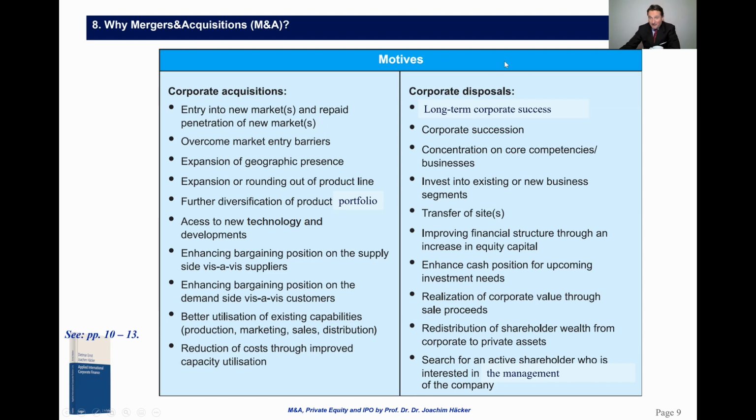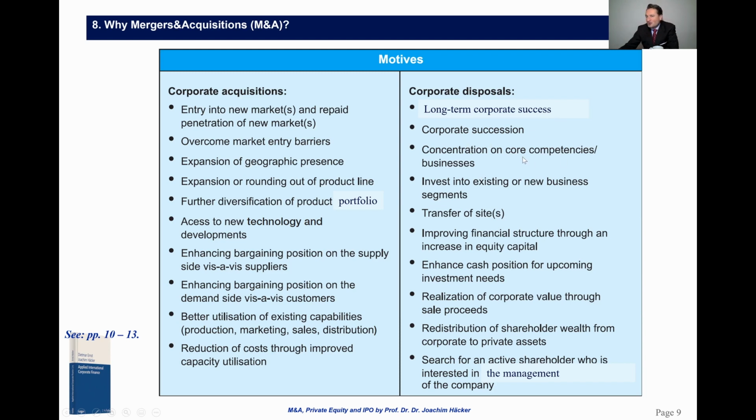On the other side, if we analyze M&A from a seller's perspective, the seller wants to ensure long-term corporate success. If, for example, the seller has a succession problem, they might sell the company or sell the company partially, let's say 50% of the company, and maintain the corporate succession.